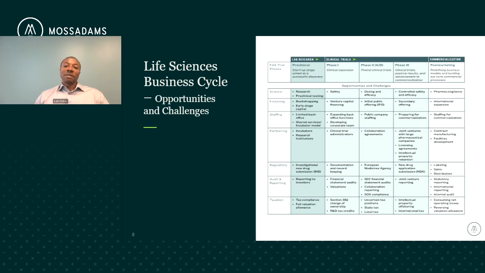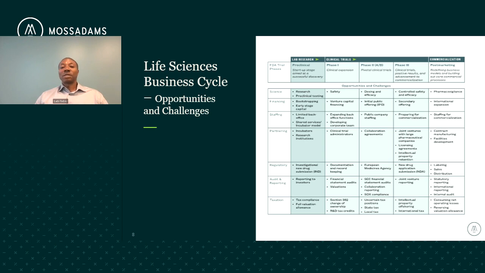Life science companies face numerous opportunities and challenges as they navigate growth from the lab research to clinical trial and commercialization phase. And these opportunities and challenges span science, financing, staffing, partnering and collaboration, regulatory compliance, audit and reporting, and taxation.